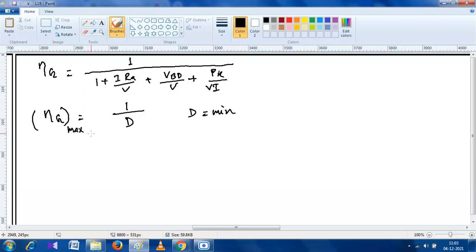We can write this, right? Yes, sir. Then we have to get the condition for maximum efficiency. We have to determine what is the condition to get the maximum efficiency. Suppose a term D, the value of D is 1 plus I Ra by V plus VBD by V plus Pk by VI. This is the value of D.